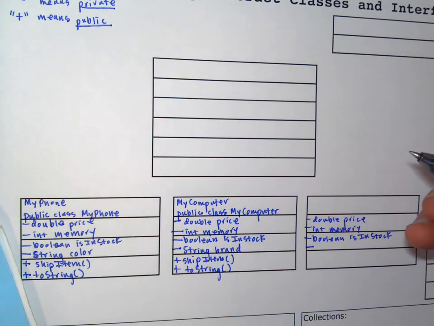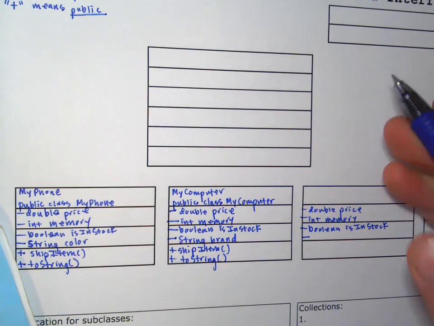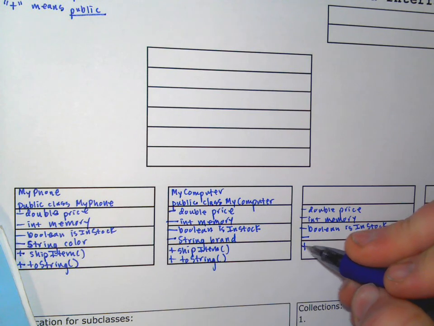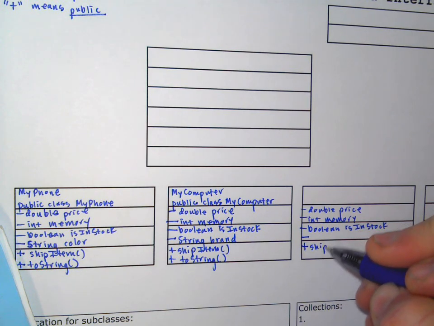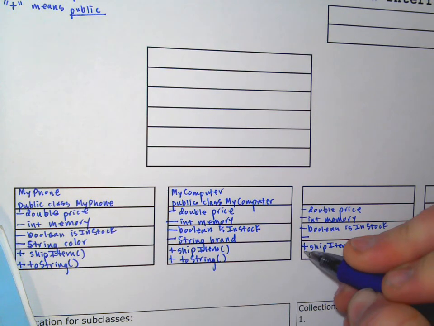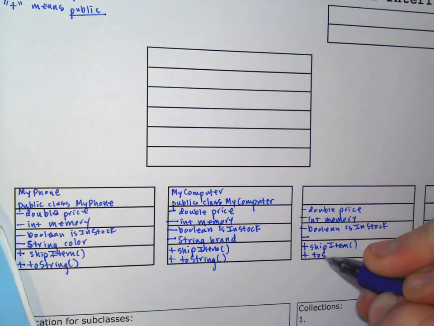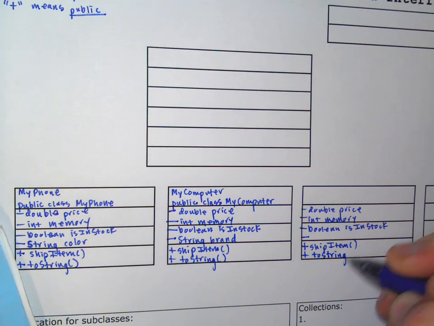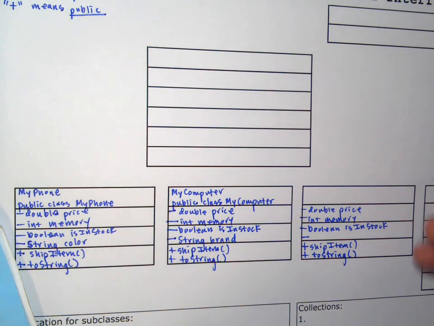And then it should have at least one more private instance variable that's unique to it and not in the other ones. It's going to have a public method shipItem and a public unique method toString. They're all going to have the same shipItem method though. The guts of it will look identical.